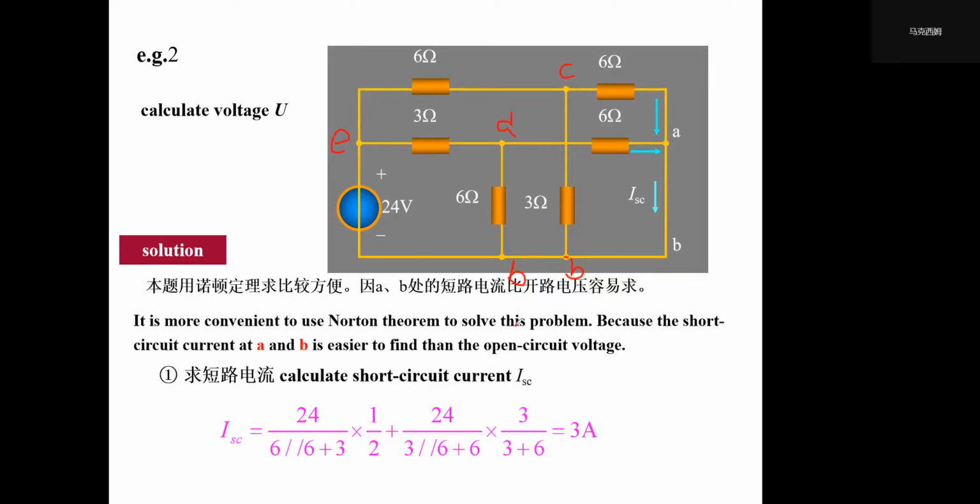So we can see that this 3 ohm and this 6 ohm are connected to one another. This time it's hard to express. In this transformed circuit, we don't have a point A any longer.